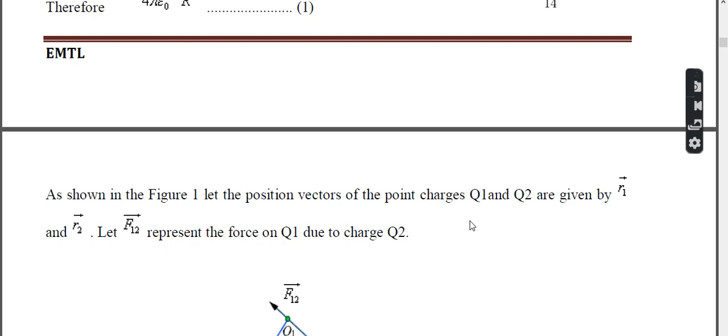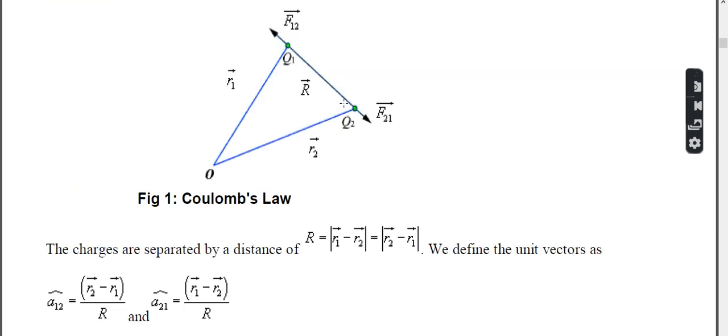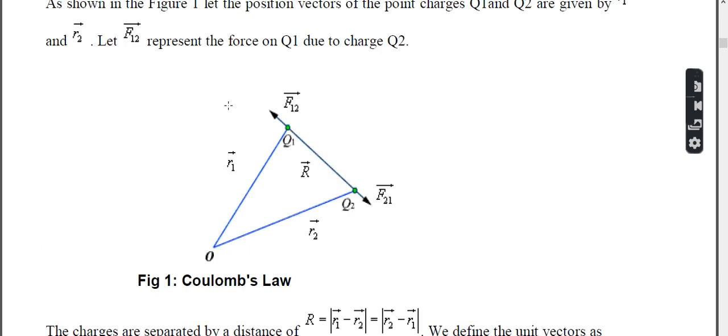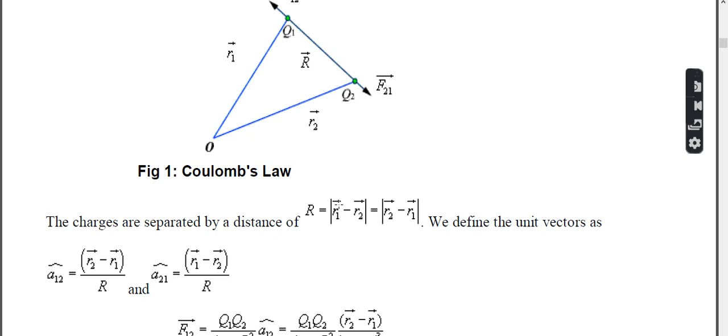And the force is also proportional to the unit vector. The charges are separated by distance r, so r is given by the distance between these two, that is r1 minus r2 or r2 minus r1.